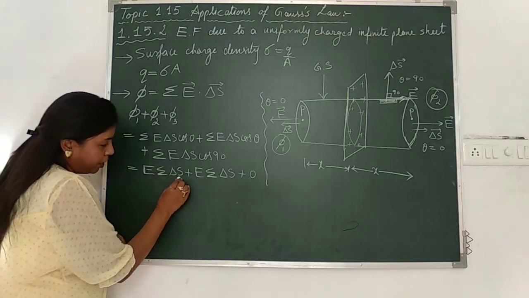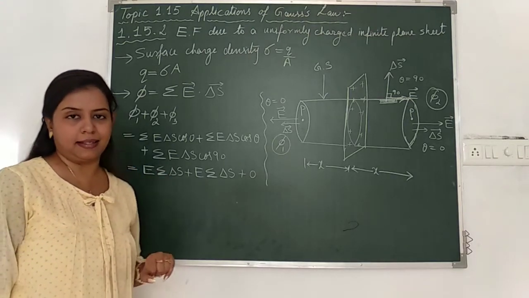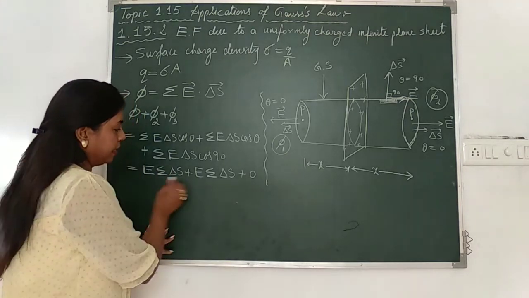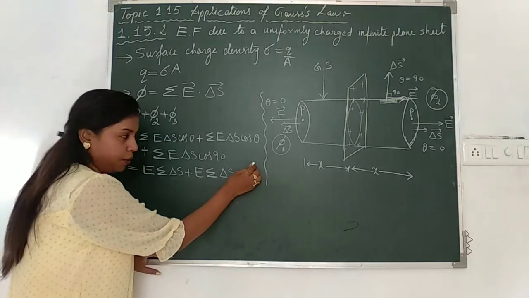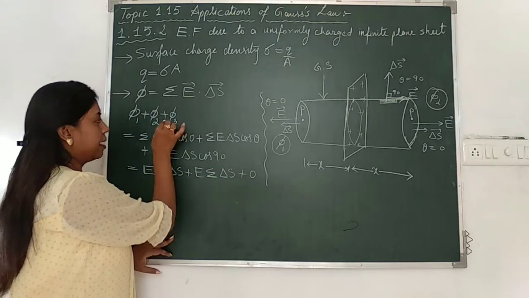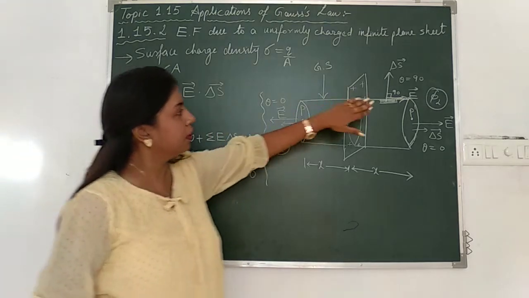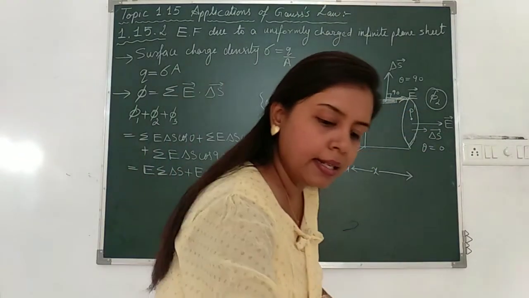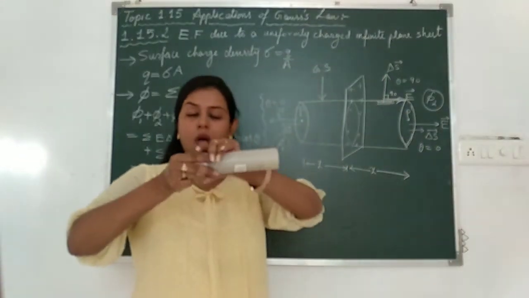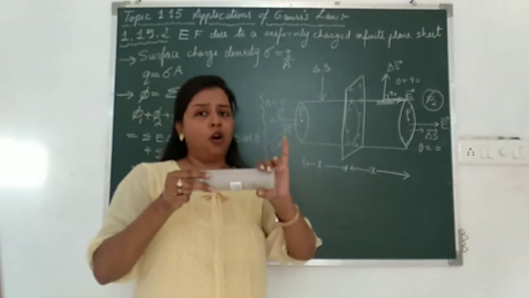Now, if I do summation of all delta S, then what will I get? See, this portion 0 was this, that is phi 3. This is the region, the whole curved surface of the cylinder.